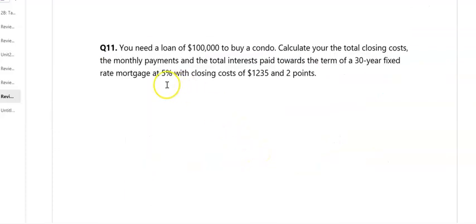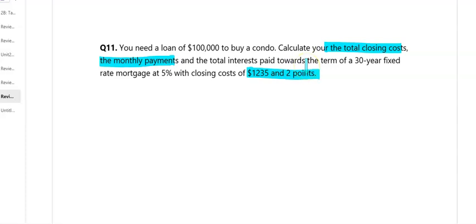Okay. Next question. You need a loan of 100,000 to buy a condo. Calculate your total closing cost, that's what you have to do first, and the monthly payment, that's next, and the total interest paid on a 30-year fixed rate mortgage at 5% with closing cost of 1,235 and 2 points.